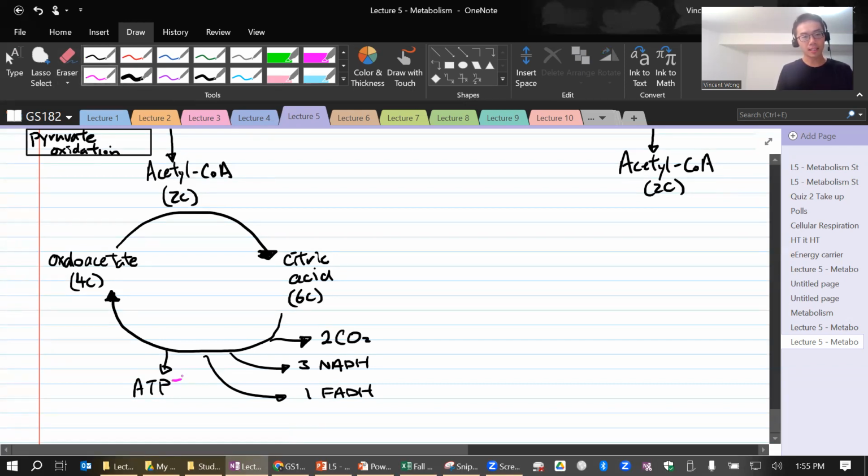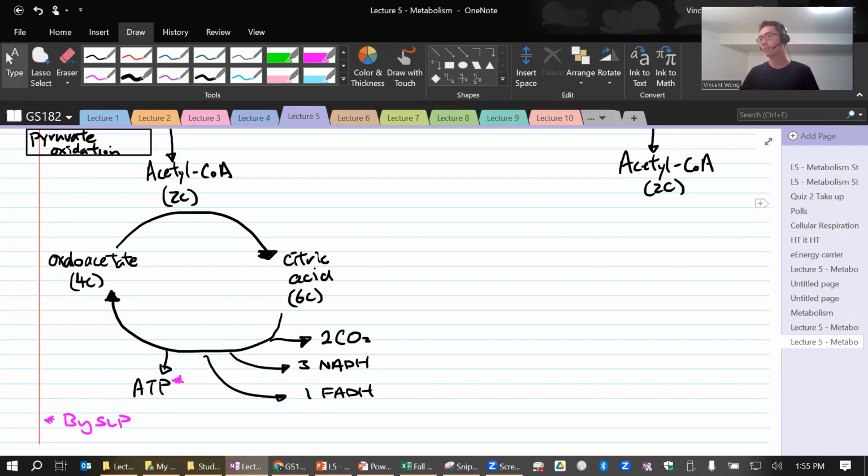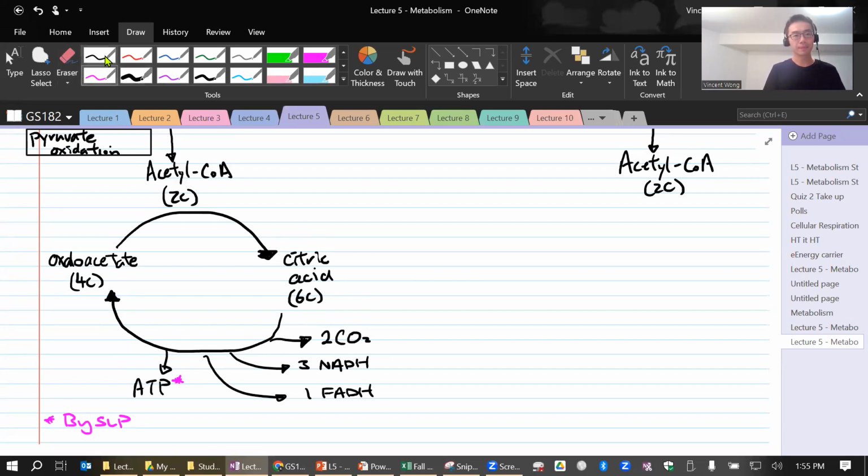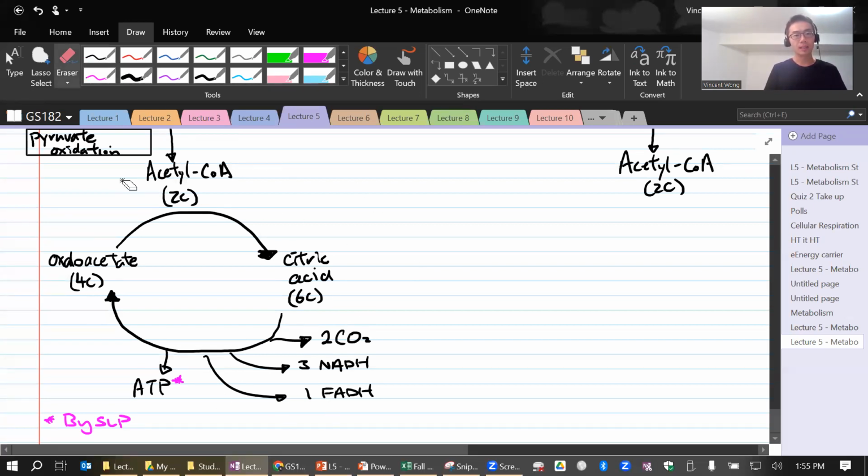And of course, this ATP is by SLP, substrate level phosphorylation. Okay? We wrote it down earlier. Substrate level phosphorylation happens in step 1, glycolysis, and step 3, Krebs cycle. Okay. So those are the products.